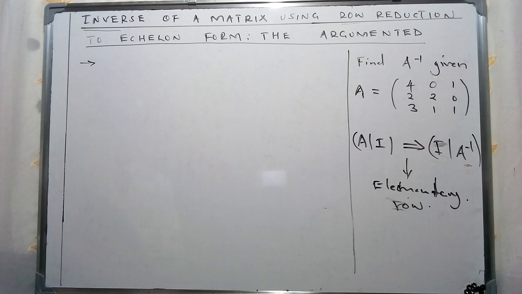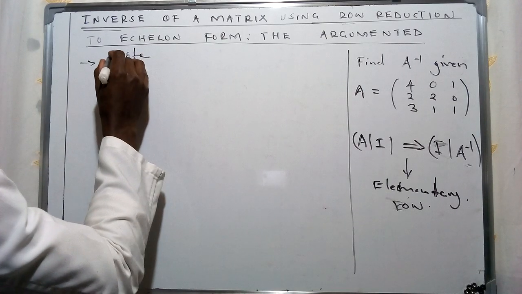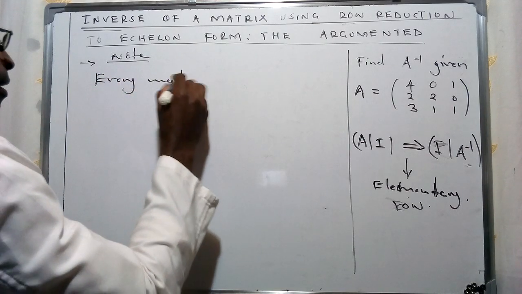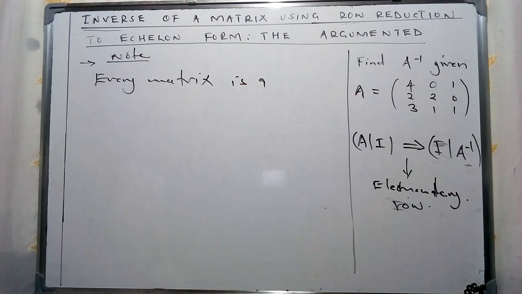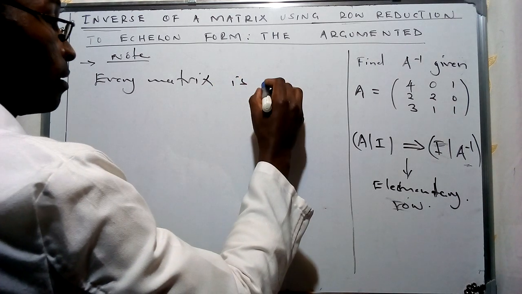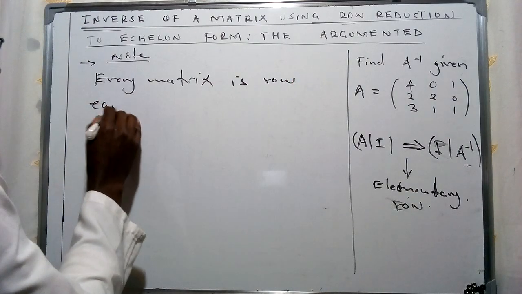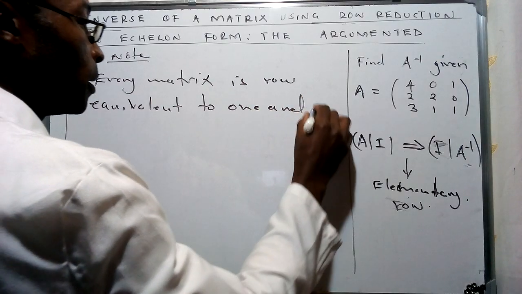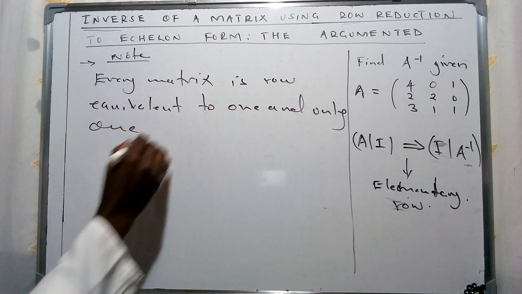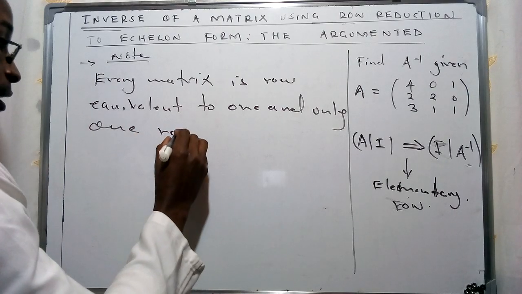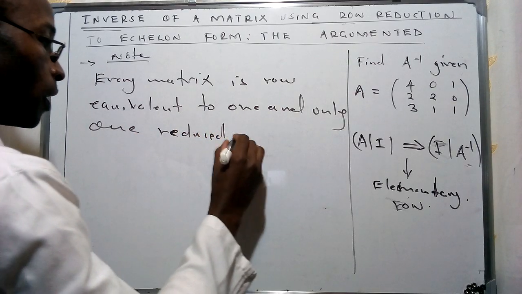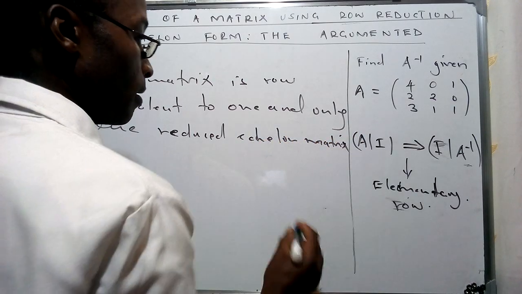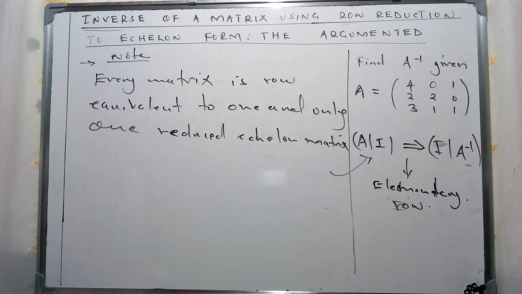This is a note which we mentioned in our previous video, whereby we said that every matrix is row equivalent to one and only one reduced echelon matrix.